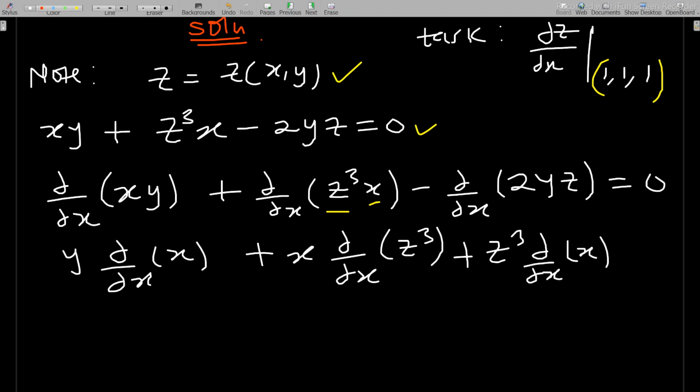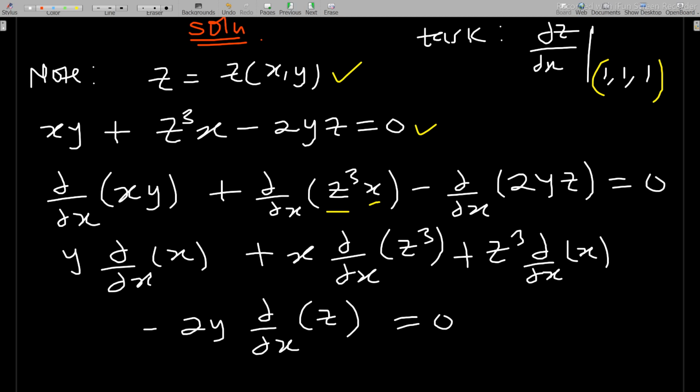I hope you get this. Now minus, since 2y is a constant, I can factor that one out, and del x of z, since z is a function of x. I hope you get this.